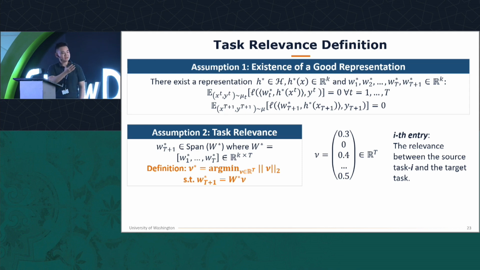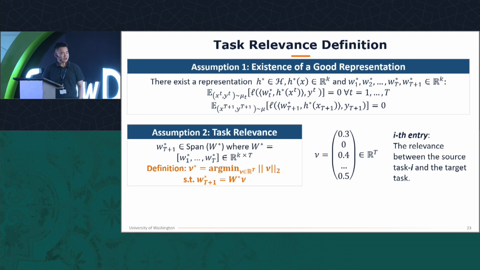You only need W_{T+1} star to lie in the span of this big W star. Now, given this assumption, we know that there exists some vector such that you can represent W_{T+1} star using the vectors of W star. And there are many ways to interpolate W_{T+1} star using the vectors in W star. There exist many such coefficients.